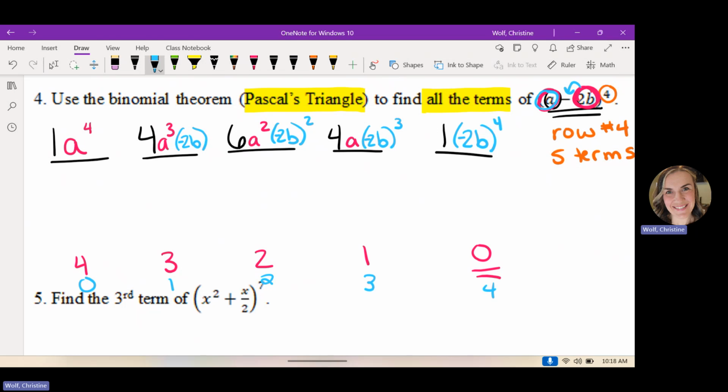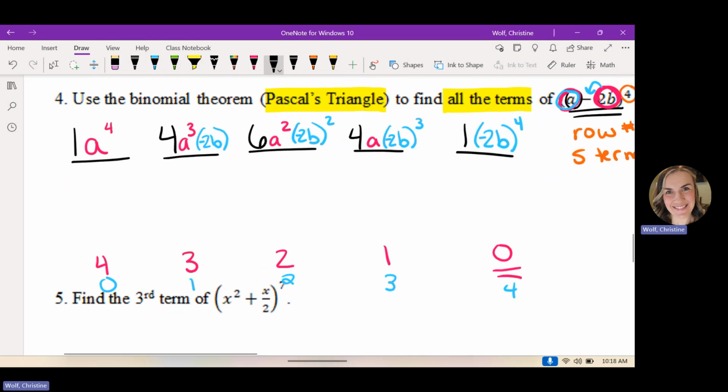Okay, so now what we could do is we go through and we clean up each term as much as possible. So the first term, 1a to the power of 4. That's just a to the power of 4. There's no cleaning up to do. Here, look at your coefficient 4 and ask yourself, is there another coefficient I can multiply it with? Yeah, there's the negative 2. So 4 and negative 2 would make a negative 8. And then you still have a cubed and a singular b.